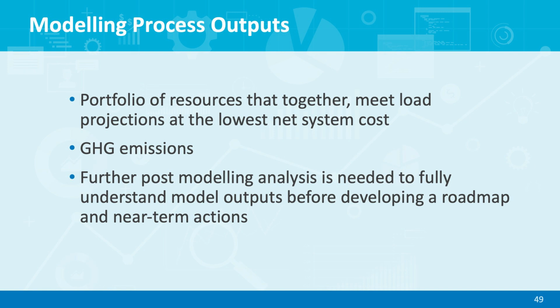We are also exploring the total emissions at the provincial level to understand the impact of different scenarios. This would include emissions from other resource sectors, such as the transportation sector. Overall, the modeling process results in outputs that help compare results for the different scenarios. However, further analysis of modeling results is needed to further understand the outputs before developing a roadmap and near-term actions.